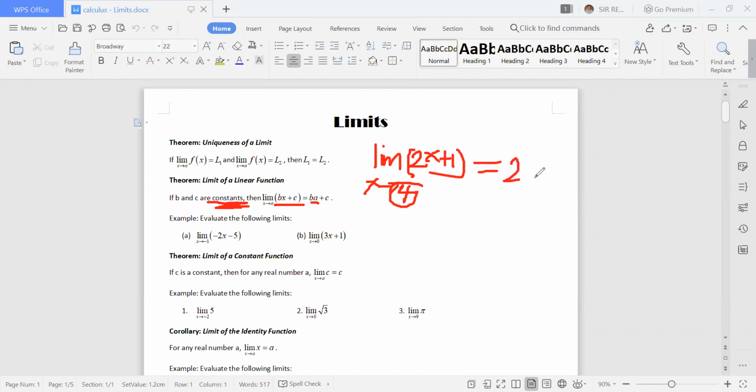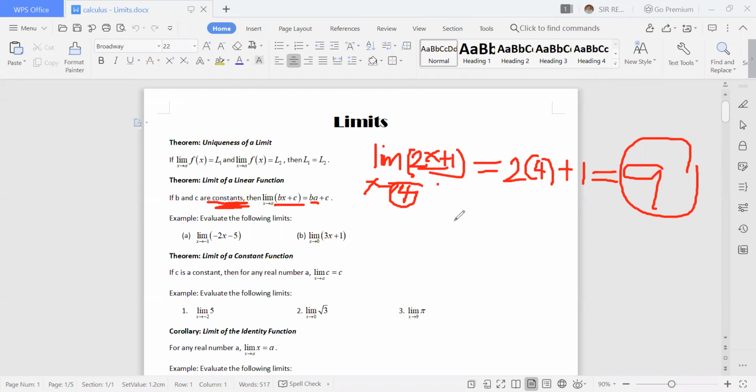So it will be 2 times 4 plus 1, and it is equal to 9. Even if you check it with what we did earlier, for sure the answer is 9. So no need to use the left hand side and the right hand side with a table to know the limit of this function.